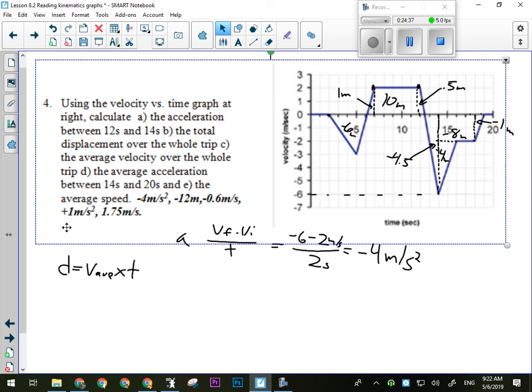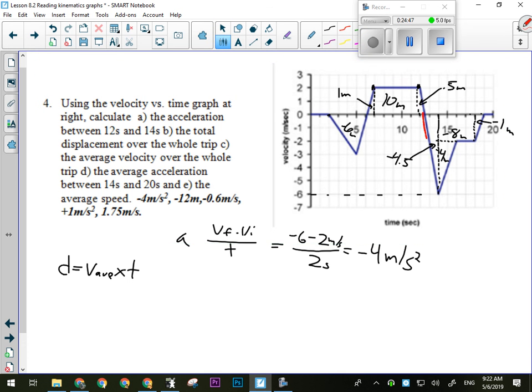So area under the line is the equivalent of displacement is average velocity times time. Remember, the reason for that is this: during, let's say, this part here, the object is accelerating. That means its velocity is changing, so I want to find the average velocity. Well, the average velocity is halfway between its initial and final, because half the time it would be going slower than that and half the time it would be going faster.